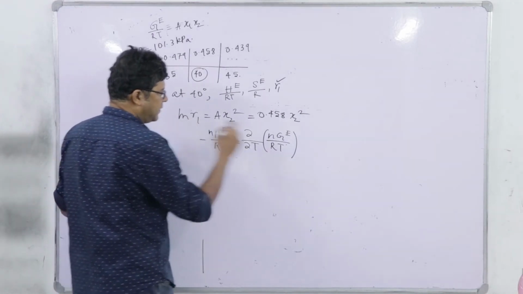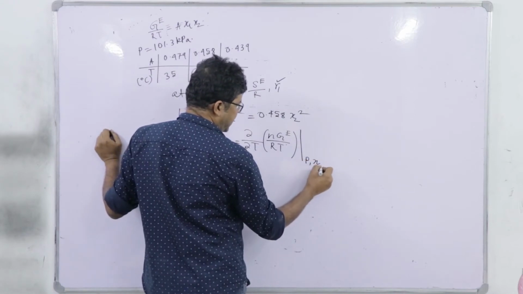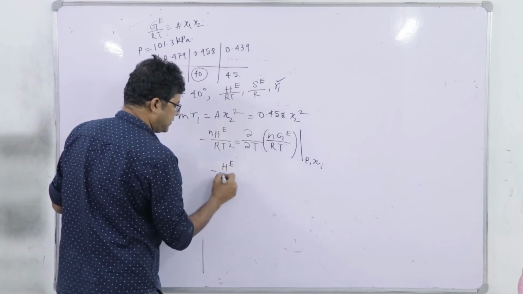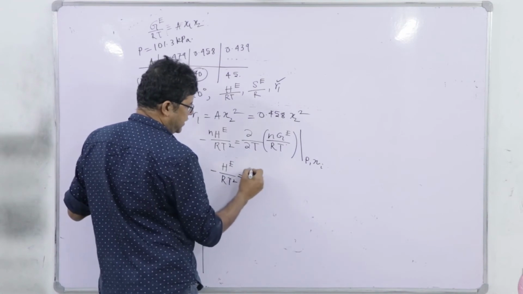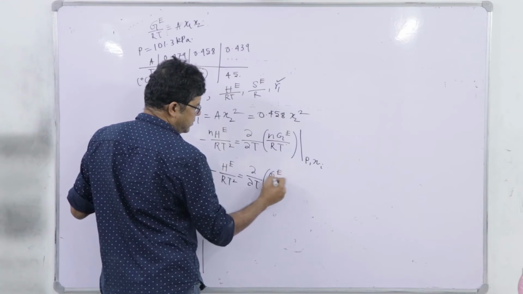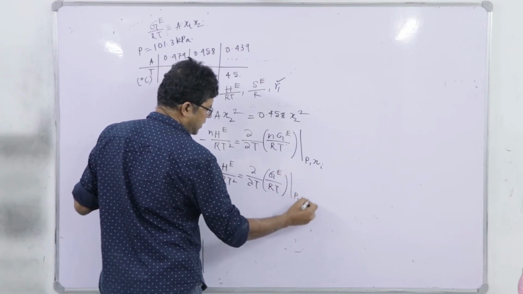Obviously, this is a derivative at constant pressure and Ni. So we can write minus of HE by RT square, if we drop this term n, is del T of GE by RT at P and Ni.